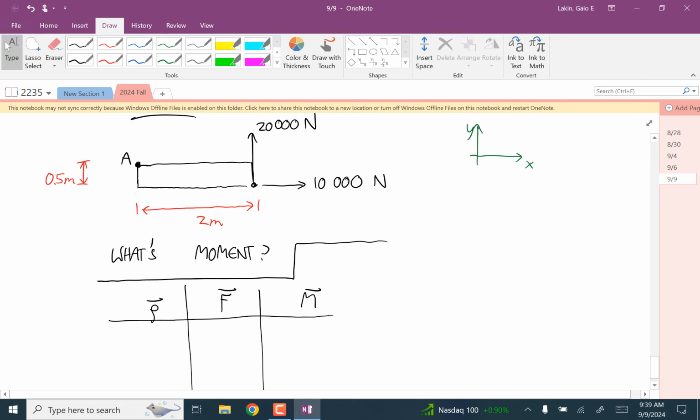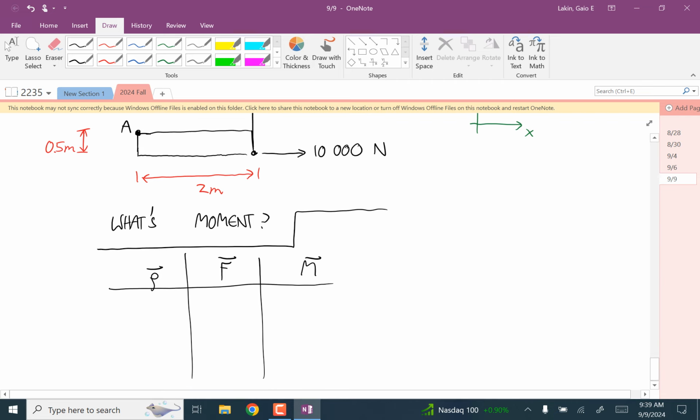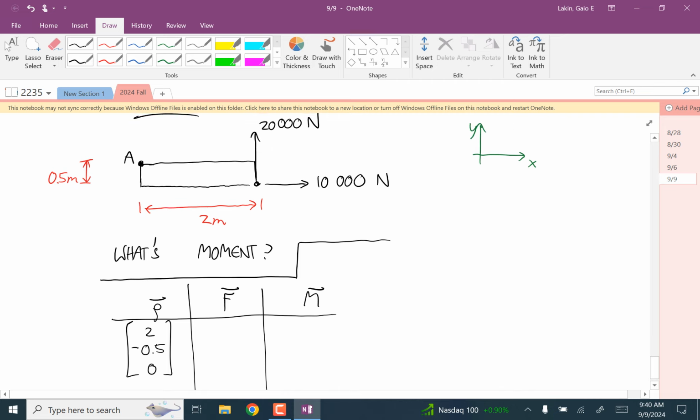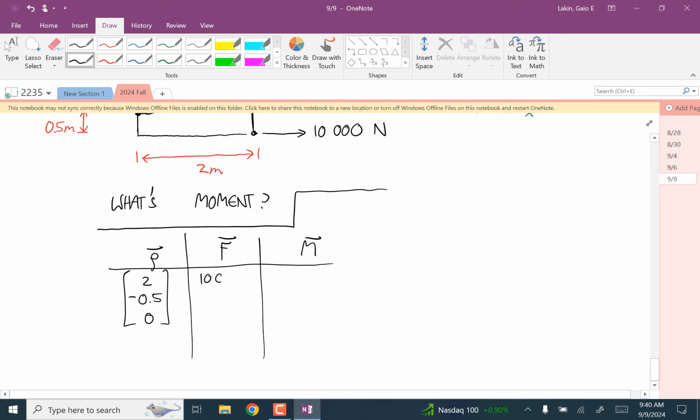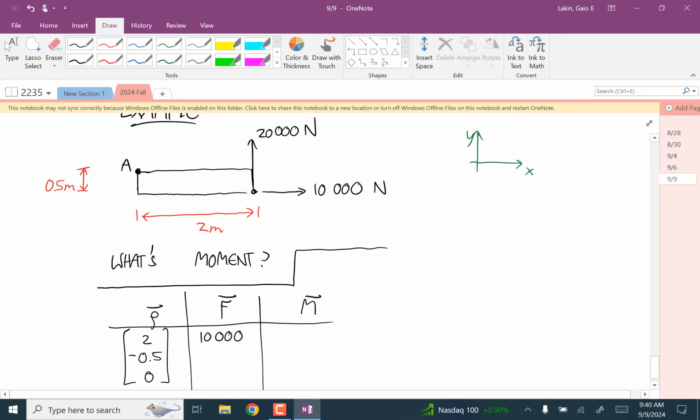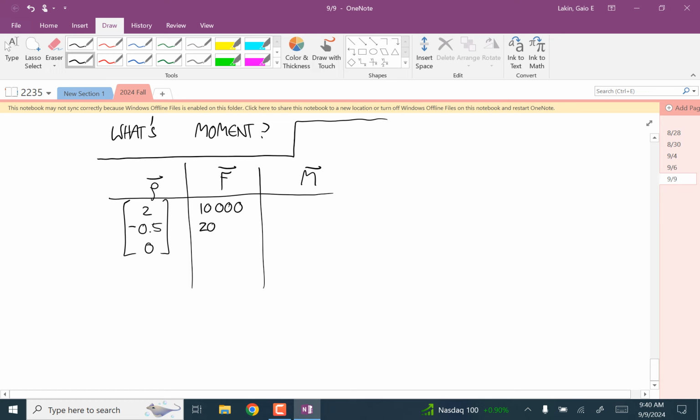Okay, so the row vector, that's the vector that goes from A to where that force is applied. So that is a positive x component of 2, a negative y component of 0.5, and then 0. The force is positive 10,000 for x, positive 20,000 for y, and then 0 for z.